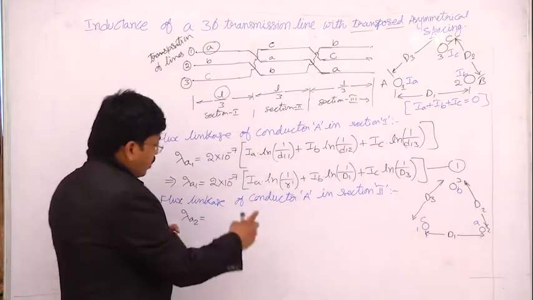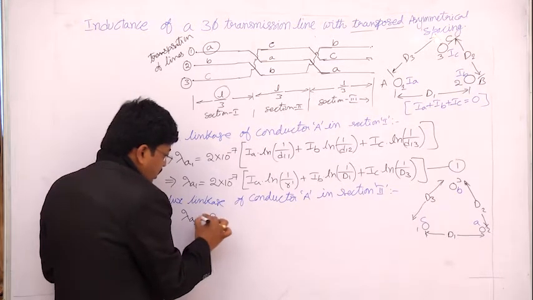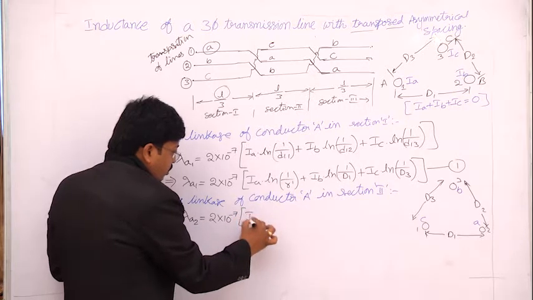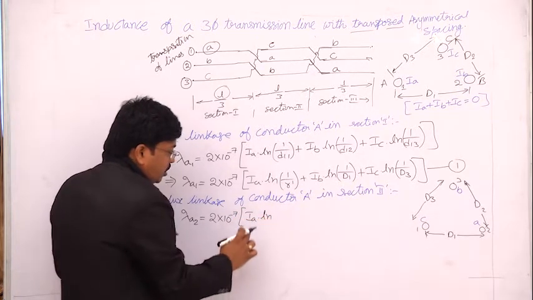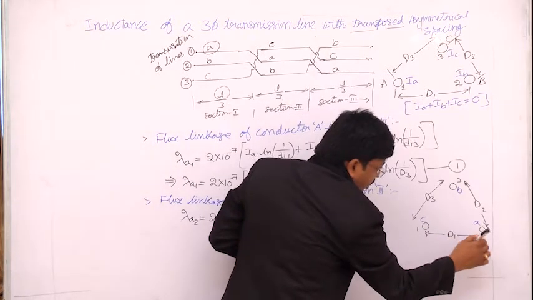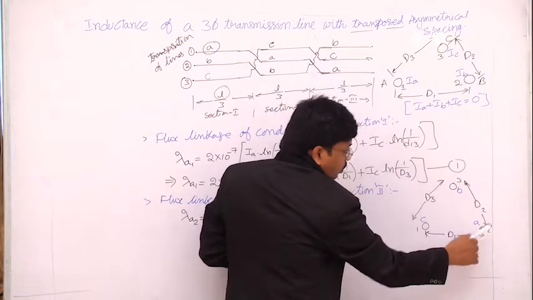Now we have to calculate this flux linkage. That is lambda A2 equivalent to 2 into 10 power minus 7 into IA into logarithm of the flux linkage of phase A current. Here phase A current is at conductor 2, right?